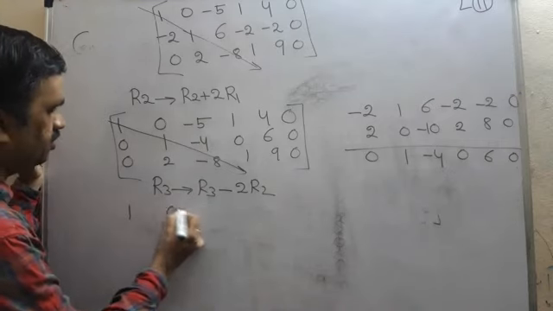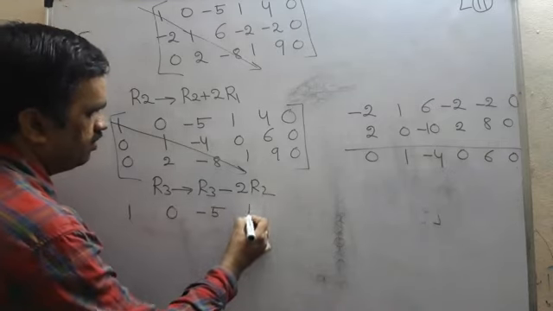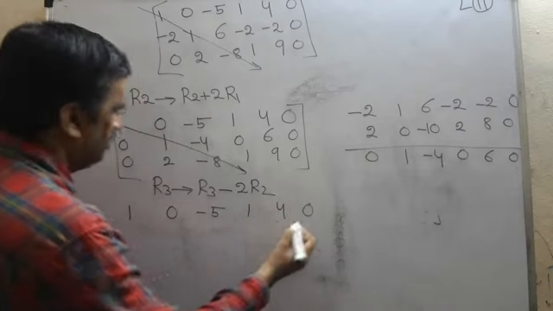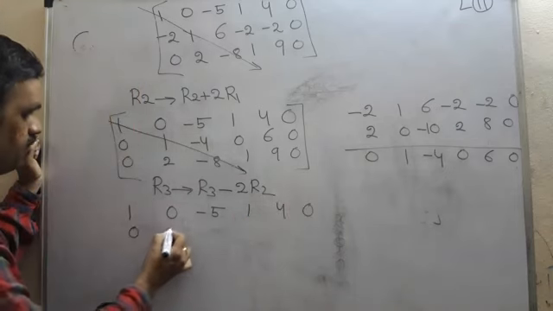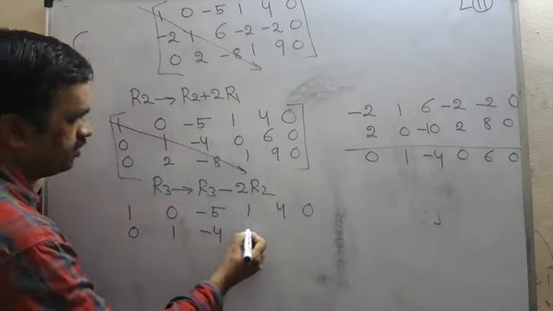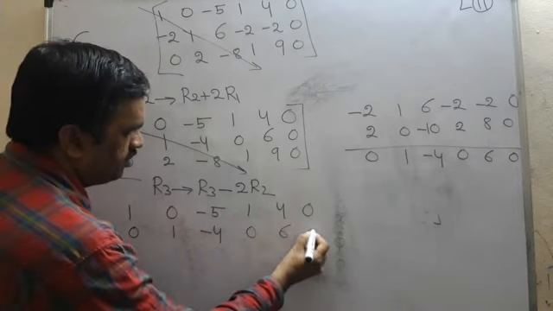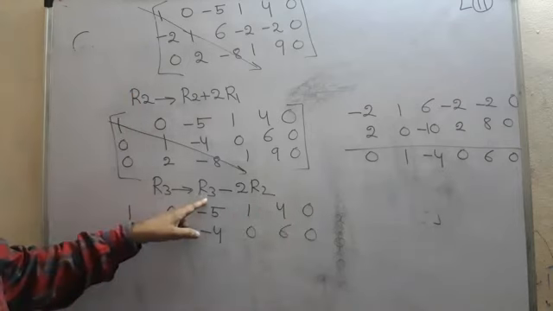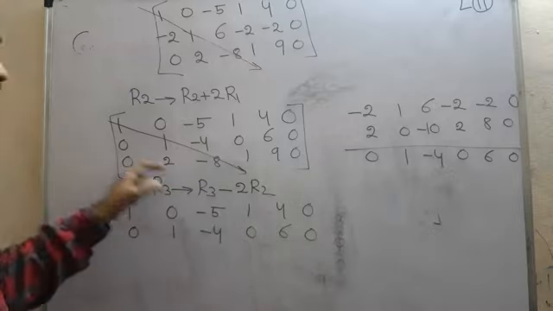1, 0, minus 5, 1, 4, 0. Second row 0, 1, minus 4, 0, 6, 0. Now third row is R3 minus 2 times R2, right?